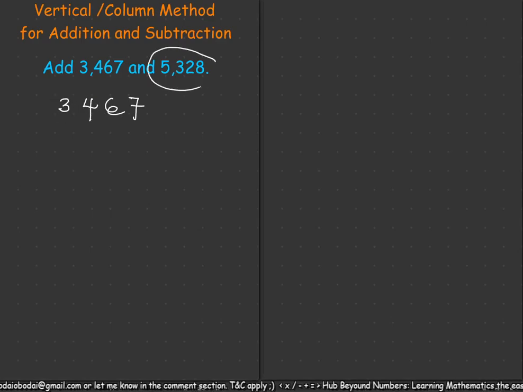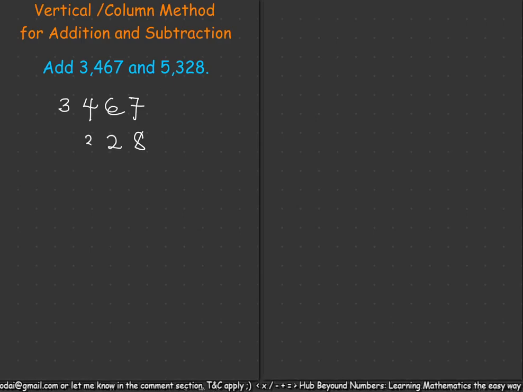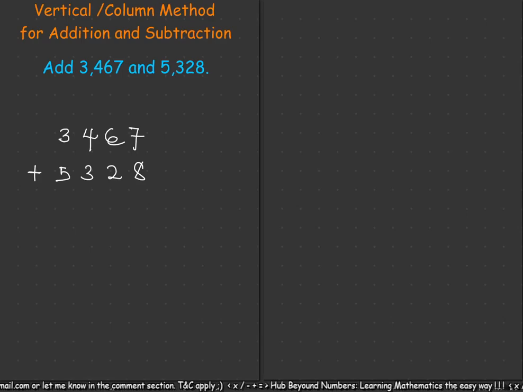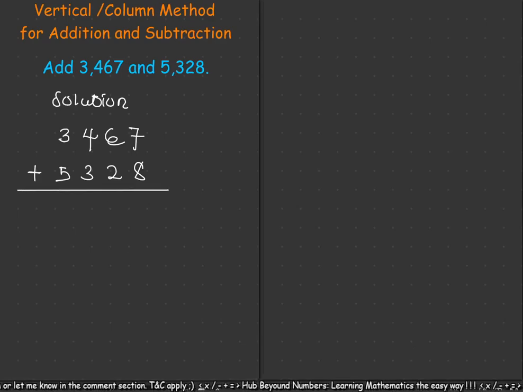So when you write the second number, you also make sure that its ones digit, which is the 8, is under the ones. Then its tens digit is also under the tens column. Then you have your 3 here, and then your 5 over here. And take note, we are adding. So this is basically the basis of the vertical or the column method. All you need to do is make sure you arrange your numbers such that they are in the same column. You get it?